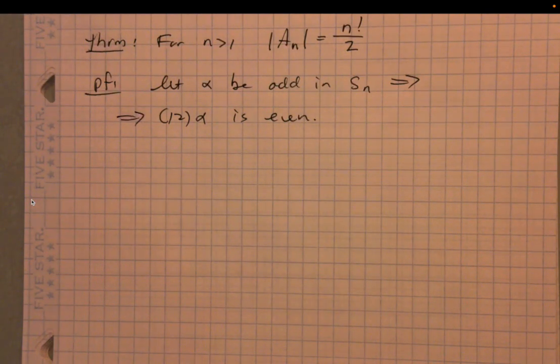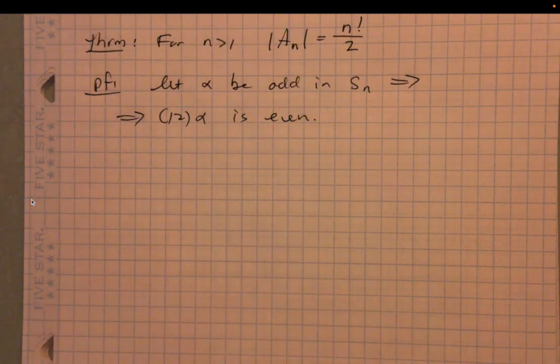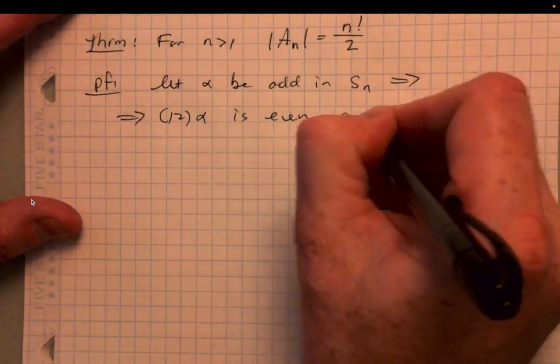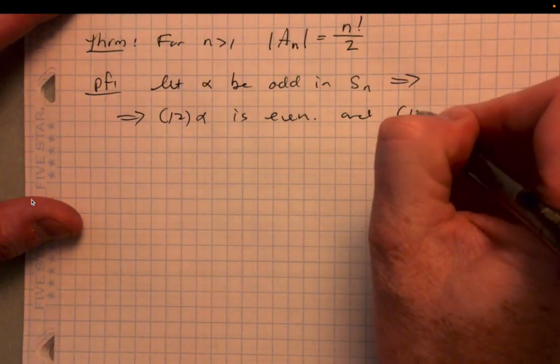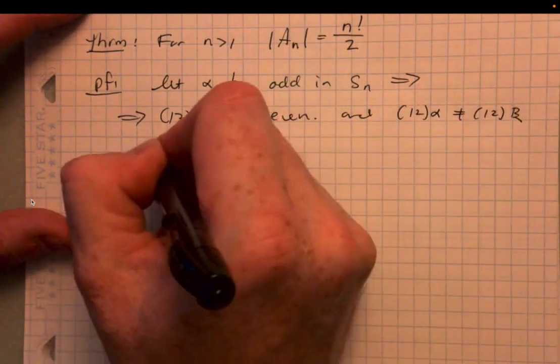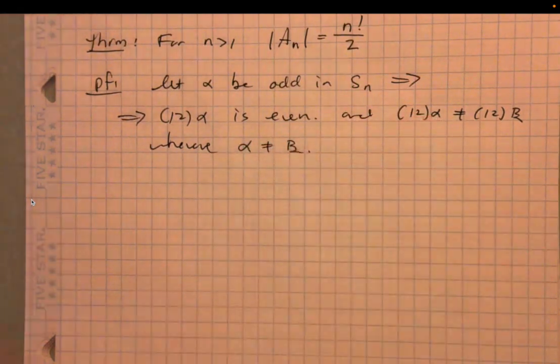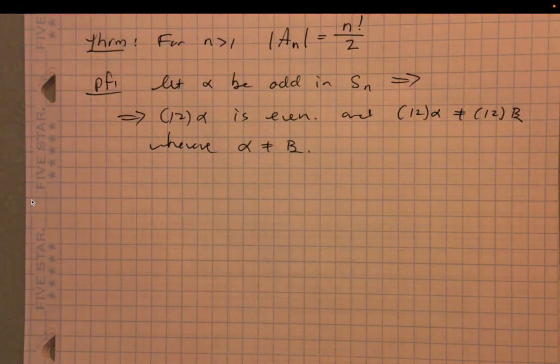If alpha is odd, then (1 2) times alpha is even. That's obvious, because if alpha is odd, then when I write it as 2 cycles, it has an odd number of 2 cycles. If I put one more on there, it's even. And (1 2)alpha is not equal to (1 2)beta whenever alpha is not equal to beta. So what does that mean?